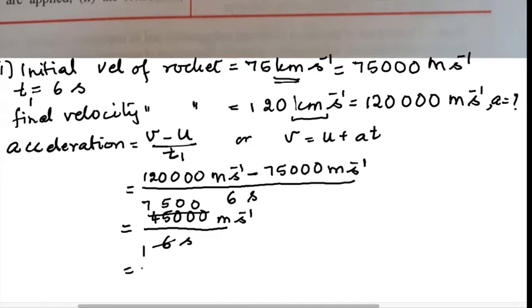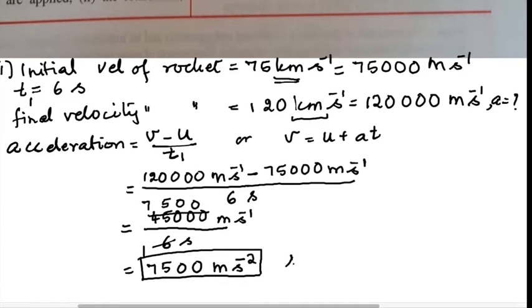So that comes out to be 7500 meter per second. Per second means per second square. And this becomes our answer 1.